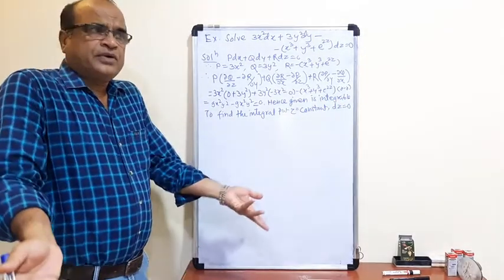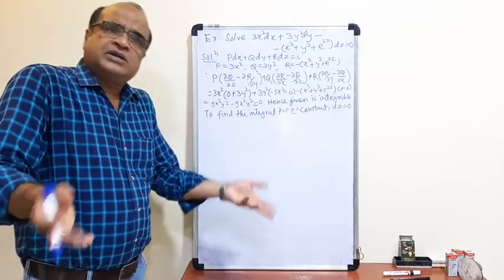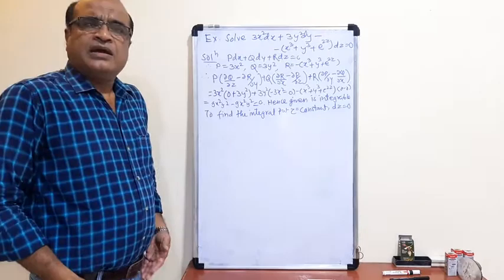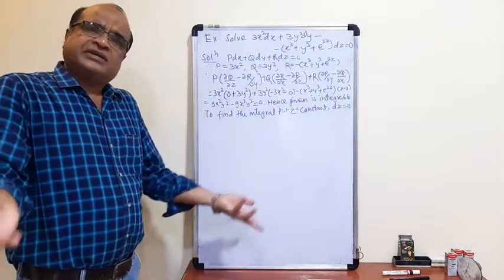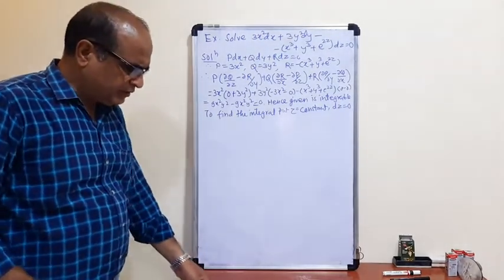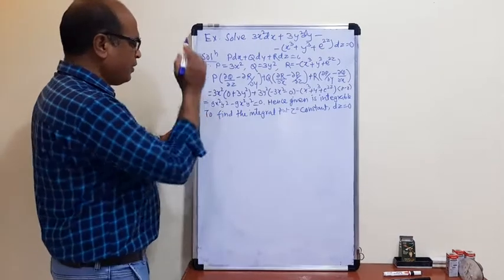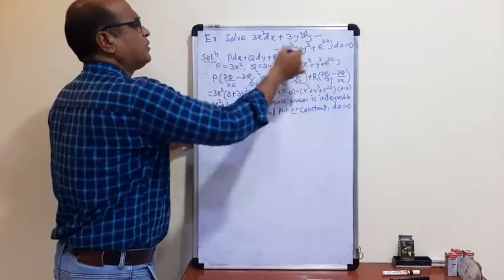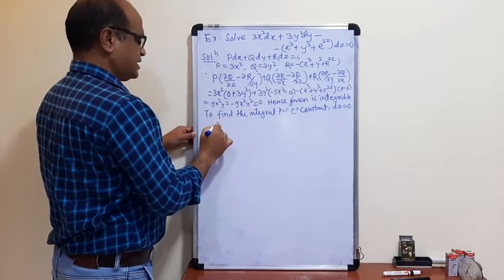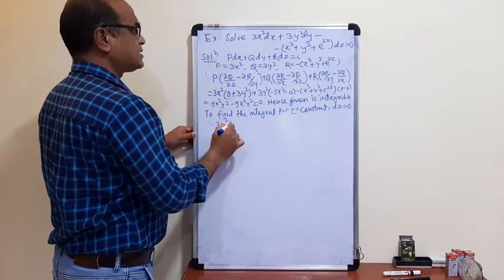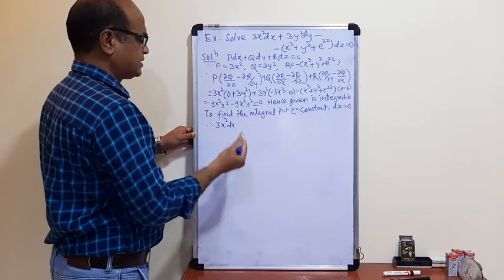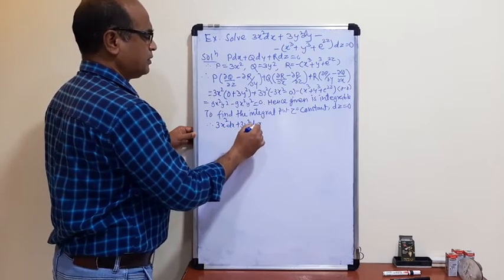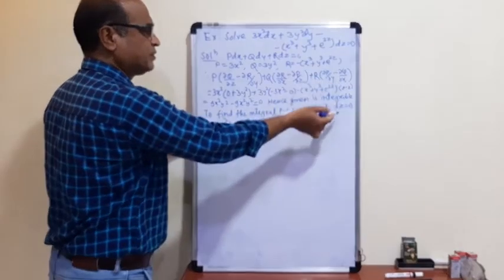So you can put x constant or y constant or z constant. Let us take here z is a constant, so dz is equal to 0. Therefore this equation becomes 3x square dx plus 3y square dy is equal to 0, since dz is equal to 0 here.